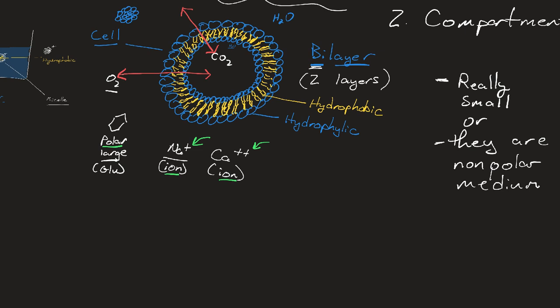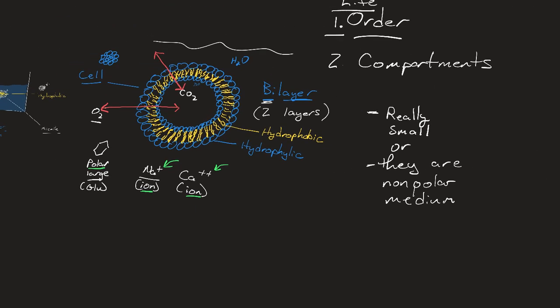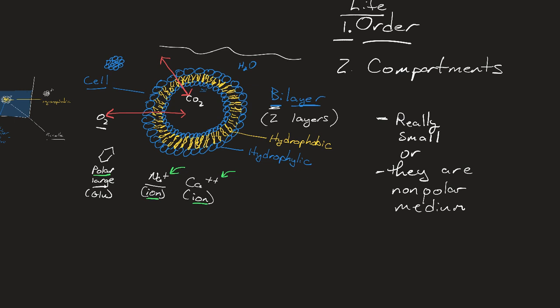Read the question. I didn't write the question down. How are you going to get other things that you need to get into the cell, like sodium and calcium and sugar, into the cell, if this is nonpolar and these will not pass because they're big, because sugar is big, and these are charged?